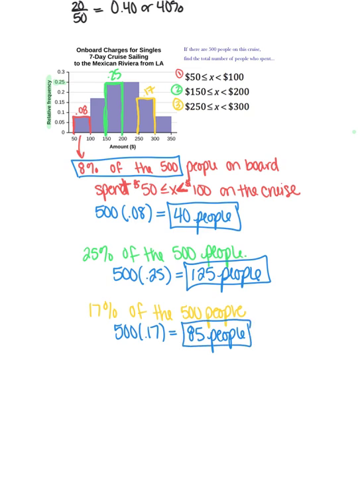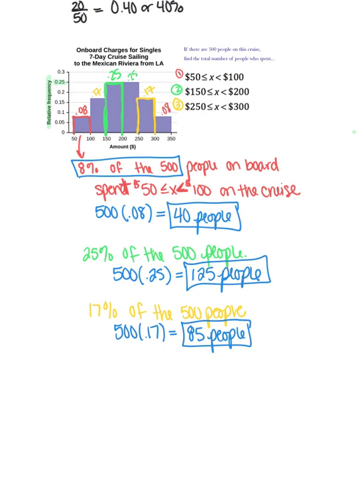And there we go. A few really quick things that I just want to highlight. When you have a relative frequency histogram, let's take a look at all of these heights. And this is nice because I have a nice symmetrical histogram. So I can see from 100 to 150, that's 0.17 units high. From 200 to 250, that's another 0.25 units high. And from 300 to 350, that's another 0.08 units high.